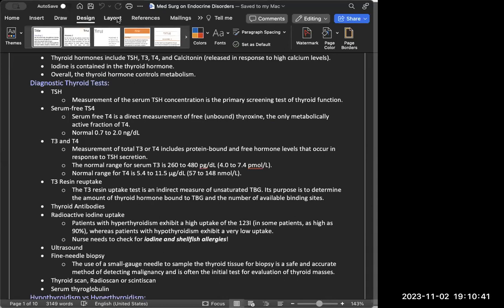Sometimes they might give radioactive iodine to someone to test those thyroid levels, but if they have an iodine or shellfish allergy, they might not be able to do that. So we have to be careful because iodine is in thyroid hormones, and we have to really be careful with that when we're testing our patients for thyroid function.